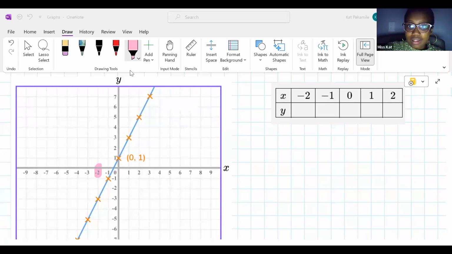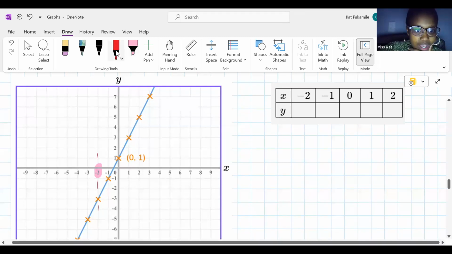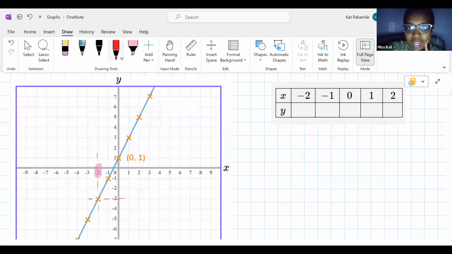Yes, Chantal. Our y value will be -3. Yes, because you go down, this is the point we're looking at. We go to the side until we touch the y. That means it will be at -3.